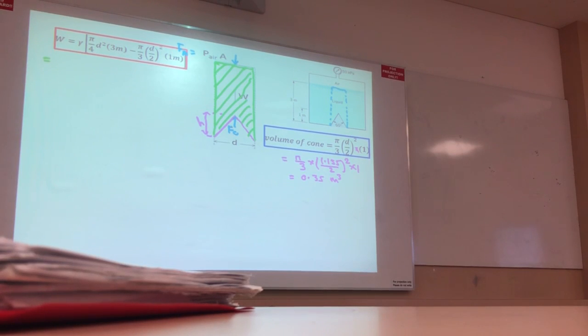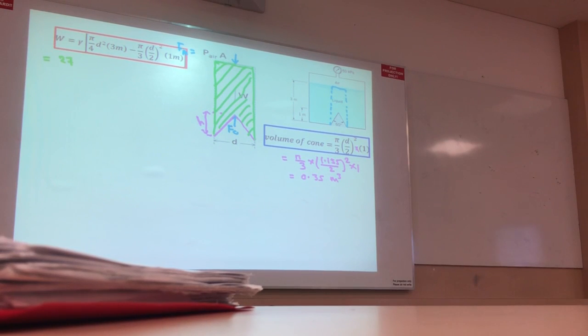You remember? What is the number? 27.27, right? This is 27. Times pi by 4, 1.155 squared times 3 minus the others, right?